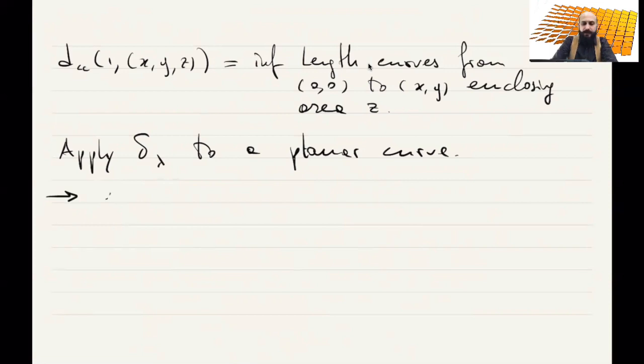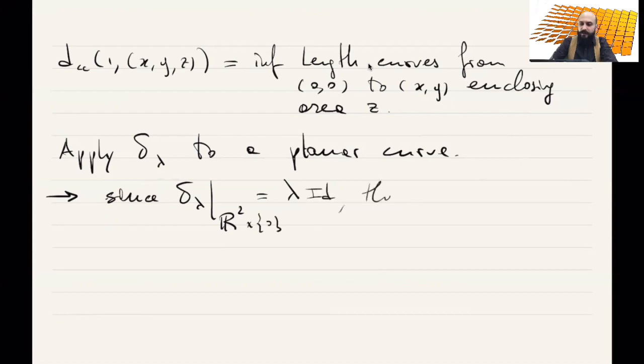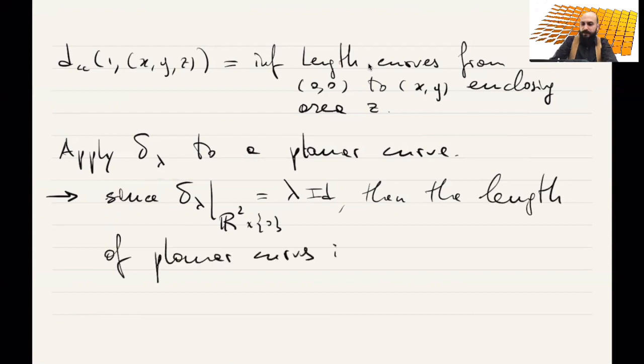Since delta lambda restricted to R2 is just the multiplication by lambda, lambda times the identity, the length of planar curves is stretched by exactly lambda.